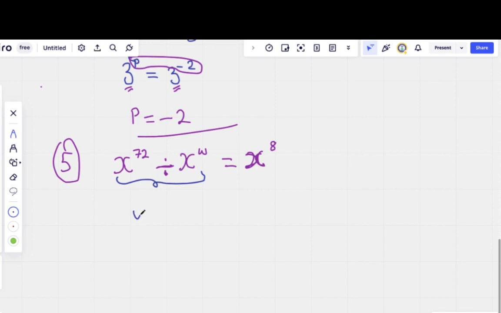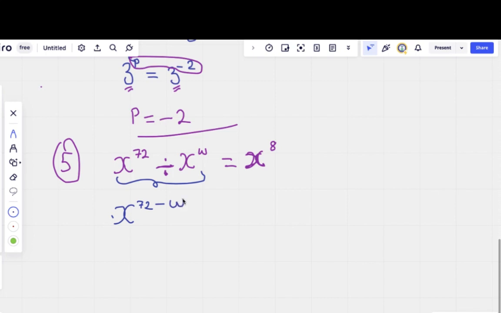In second law, we say x to the power of 72, because this is a division, we say minus w.